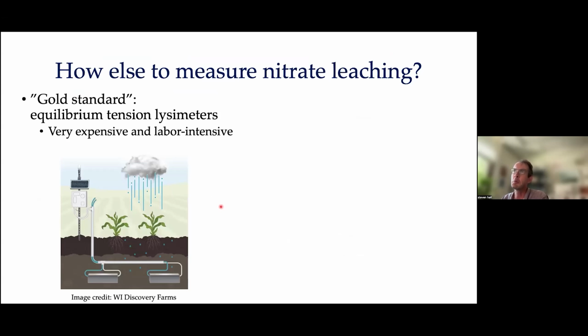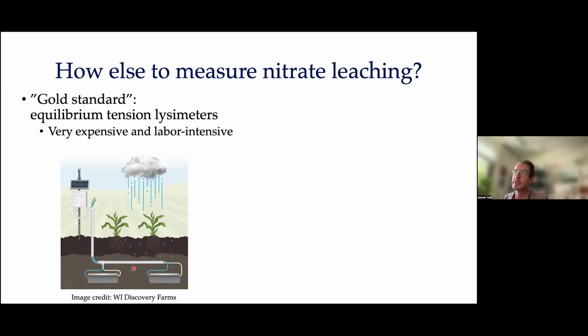This is known as the equilibrium tension lysimeter. It's a fairly sophisticated way of capturing drainage water in a very physically realistic way. Essentially, we have boxes installed below the soil where we're applying a fixed suction to that box that's representative of the natural soil profile conditions, so we can get fantastic data on drainage and nitrate concentration.